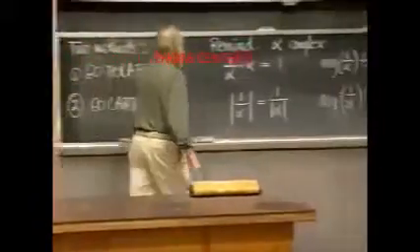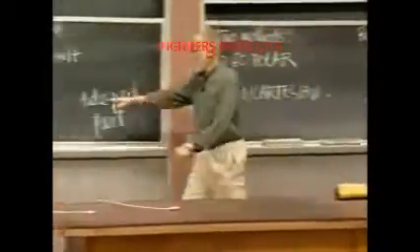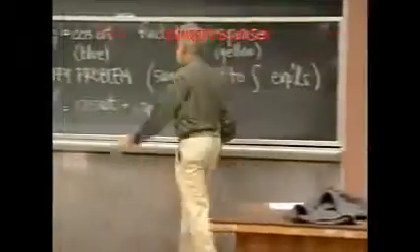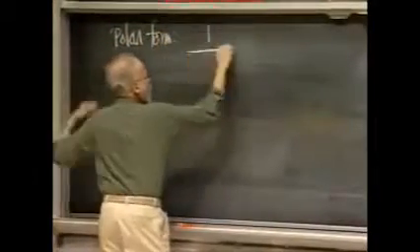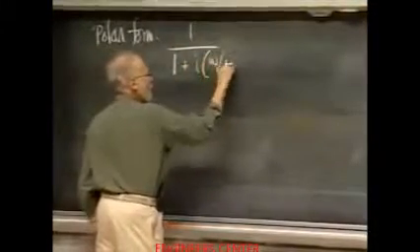Okay, I'm going to use that now, because my aim is to turn this into polar form. So I want the polar form for 1 over 1 plus i times omega over k.